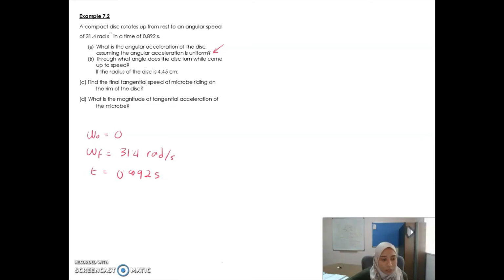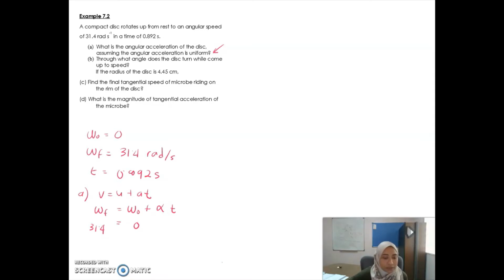So the equation that I would like to use to solve for A is V equals U plus AT, because I can't remember the kinematic equation in angular. So I'm going to convert it to omega final equals omega naught plus alpha t. And this will be 31.4.